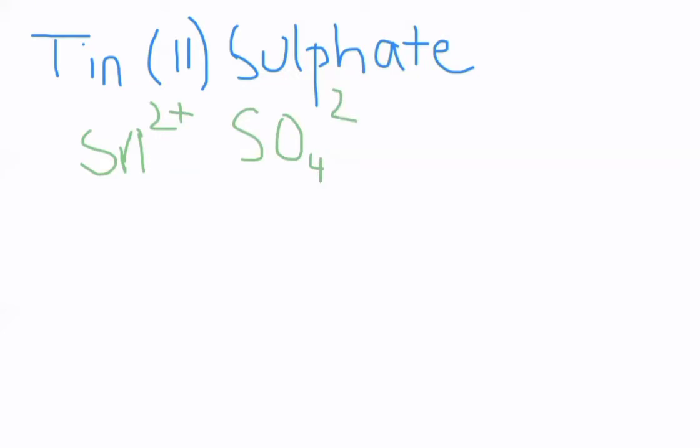So the symbol for tin is Sn, charge 2+, sulfate SO4 2-, charges get cancelled, SnSO4. That is the formula for tin sulfate. That's it for formula writing of compounds.